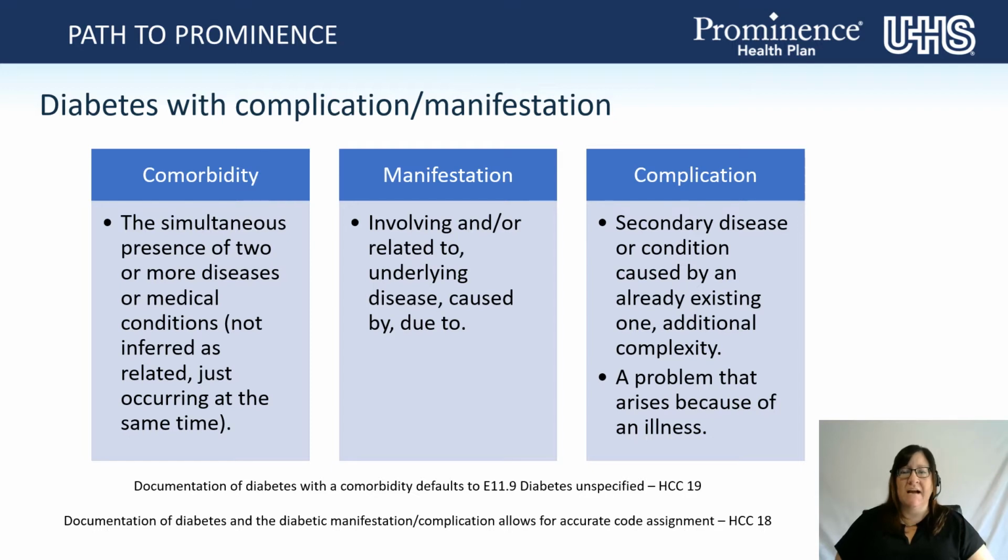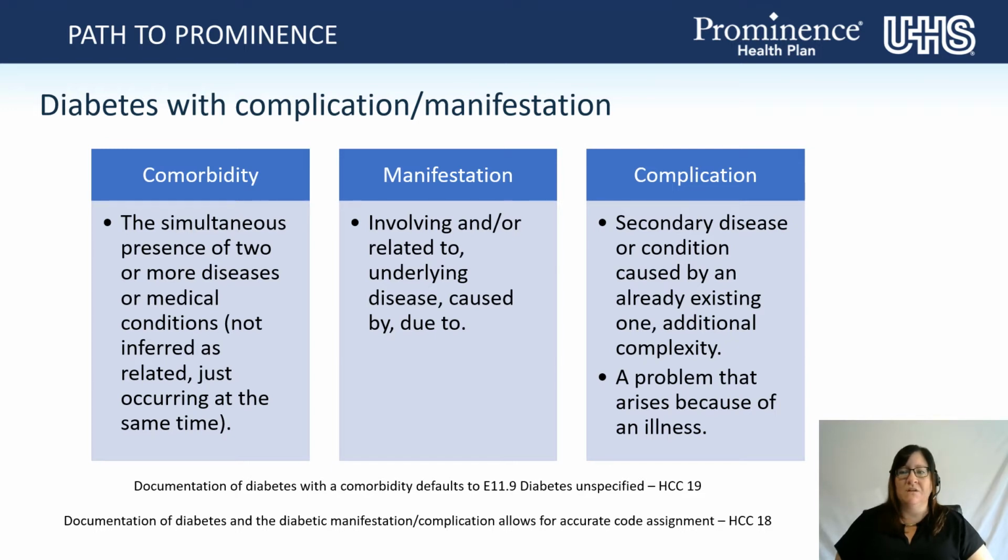So when it comes to diabetes with a complication or a manifestation, ensure that your documentation is using those terms such as manifestation, which means diabetes involving and or related to an underlying disease caused by or due to, or diabetes with a complication, which would be a secondary disease or condition caused by an already existing one with additional complexity, or maybe a problem that arises because of an illness, such as diabetic neuropathy.